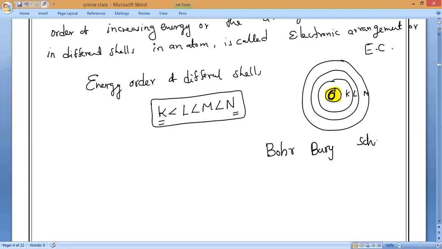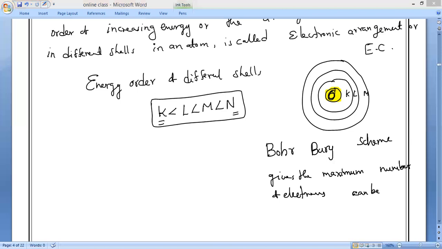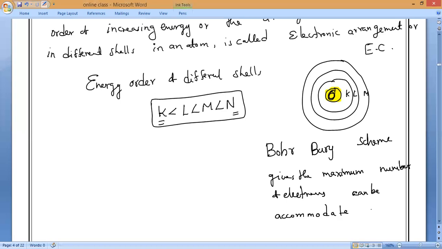Okay, the Bohr-Bury scheme gives the maximum number of electrons that can be accommodated in a shell of an atom.